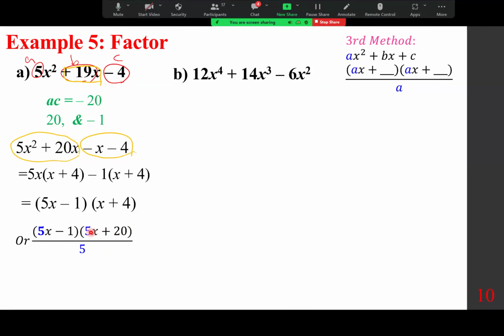Clearly, you can see from the last piece, we can take out the common factor of 5. If we drop the common factor of 5, what happens? We get the same thing that we had here. In any order, okay? For example, if you end up having x plus 4 times 5x minus 1, it is the same thing.